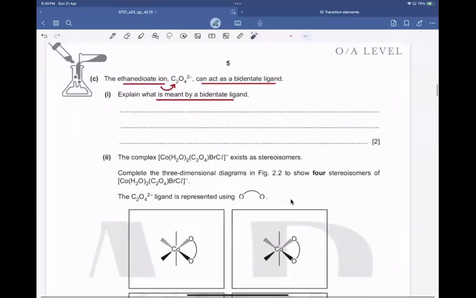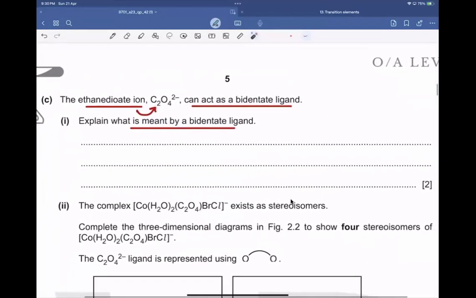Good. Now, a ligand is the one which forms a dative bond. And if we are saying bidentate, it means the ligand which forms 2 dative bonds. And how does it form 2 dative bonds? By donating 2 pairs of electrons.